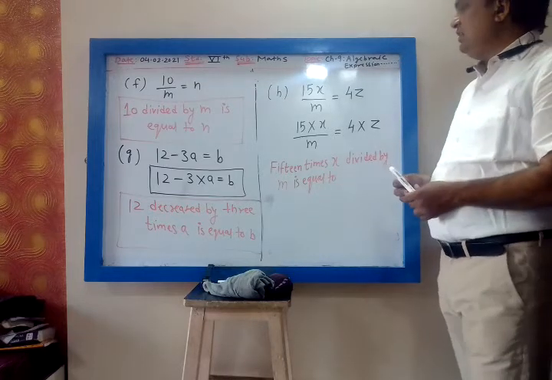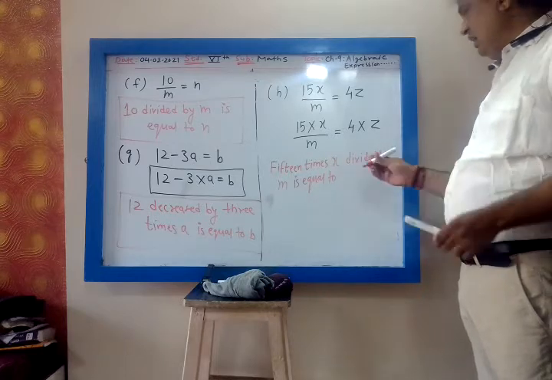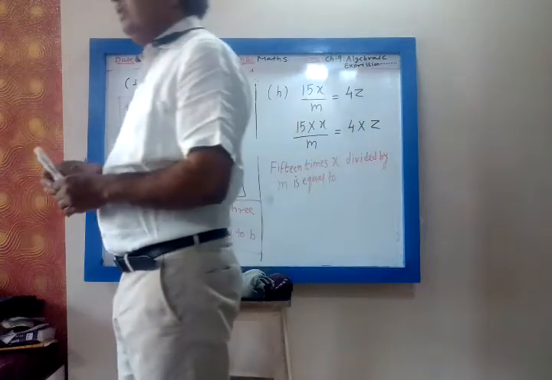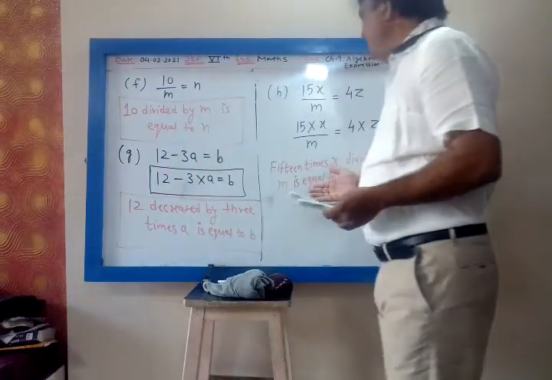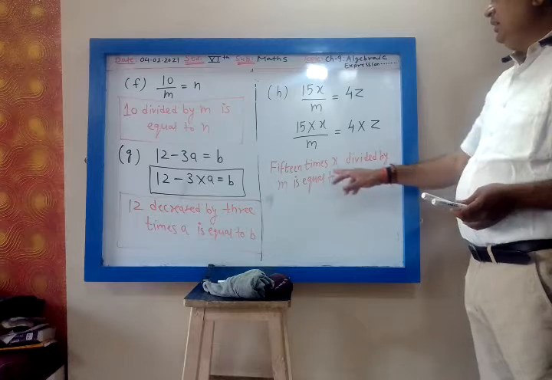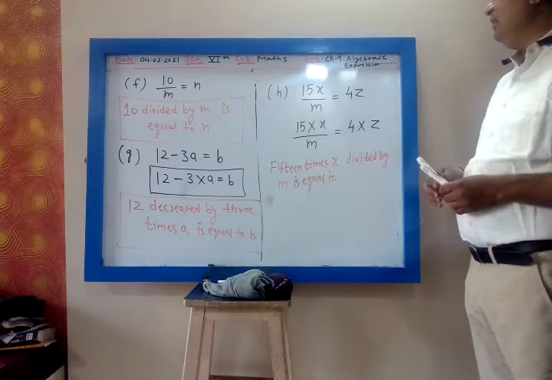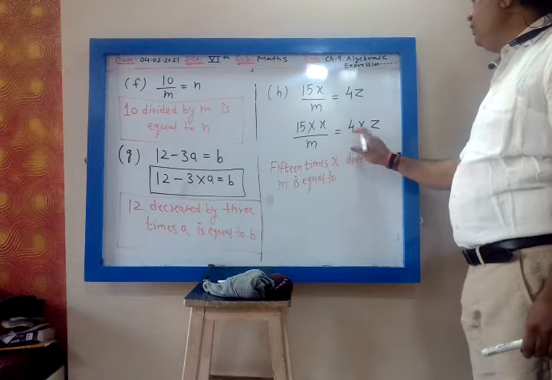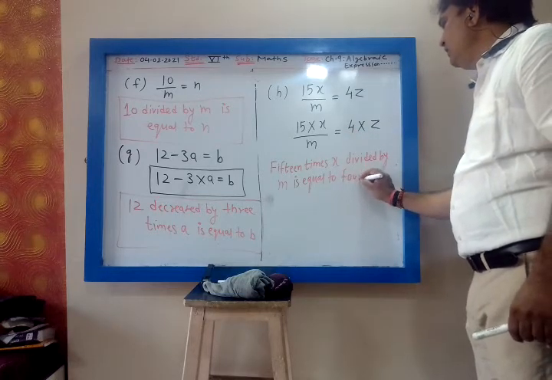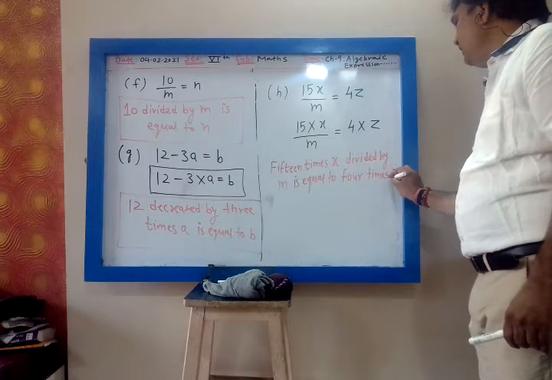Instead of writing the number, you write the word. 4 into z means 4 times z.